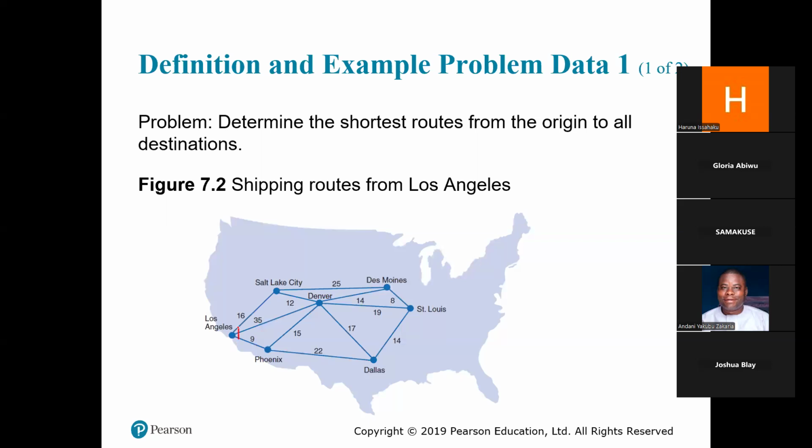So the originating point, or the source, is Los Angeles. Now we want to move the oranges to 6 other cities, namely Salt Lake City, Des Moines, St. Louis, Dallas, Phoenix, and Denver.